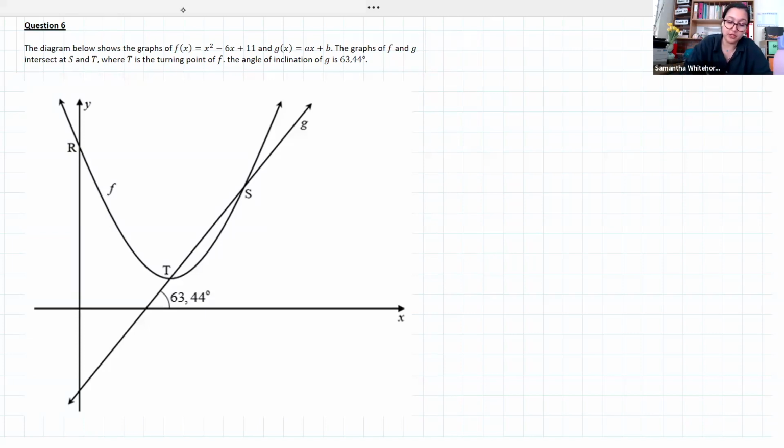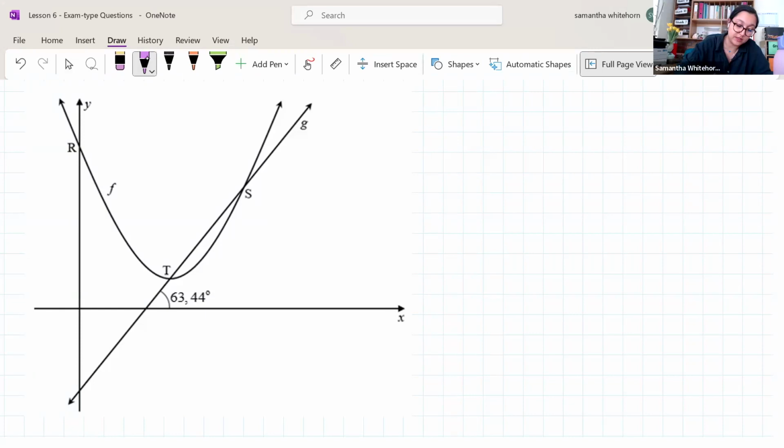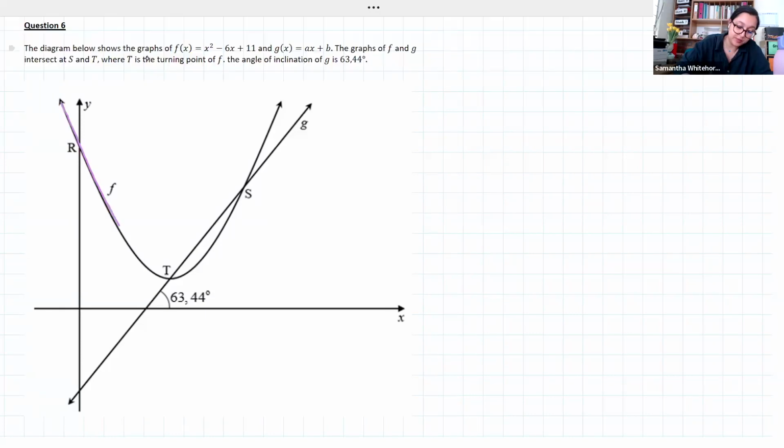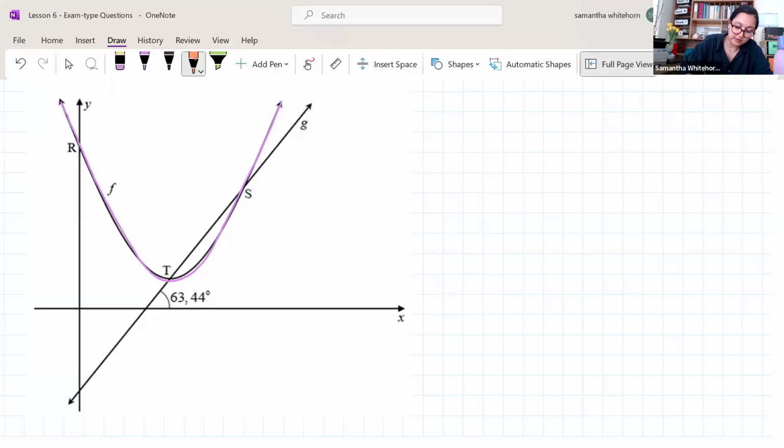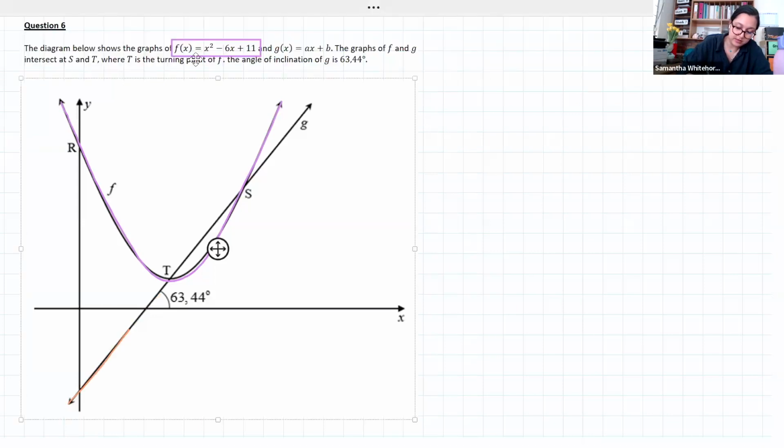Now again, whole bunch of information. Let's first go to our graphs and see what's what. This purple graph that I'm going over here is our parabola, so this is our graph of f of x. The straight line is your g of x graph. Obviously you can see this on the graph.